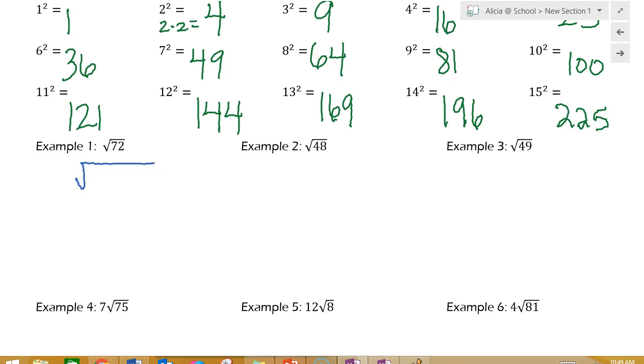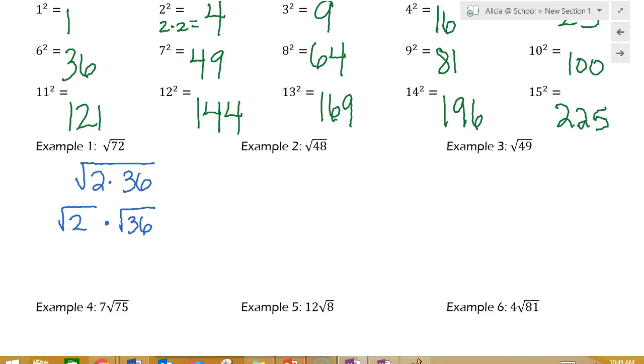How can I multiply to 72 using one of my perfect squares? So 72 can be broken down to 2 times 36. And right there, I should see that 36 is a perfect square. So I'm going to use my product property of square roots and separate the square root of 2 times the square root of 36.